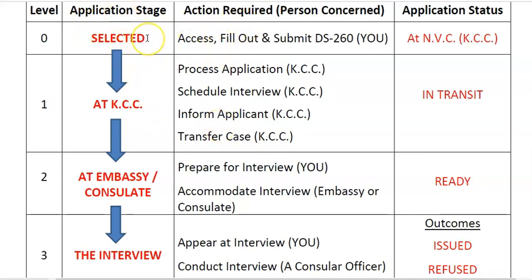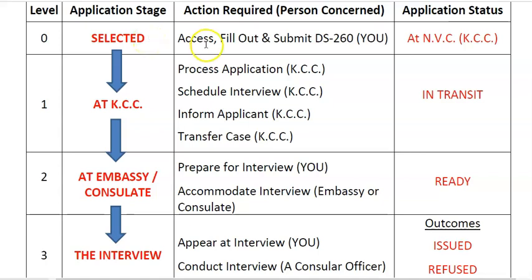Alright, so let us say you have been selected in the diversity visa lottery. So you are at this stage or at this level. I refer to it as level 0 or stage 0 because at this point you haven't taken any step. You are at the starting point.